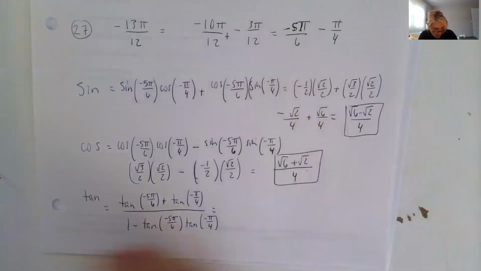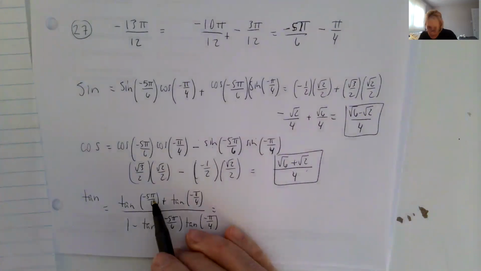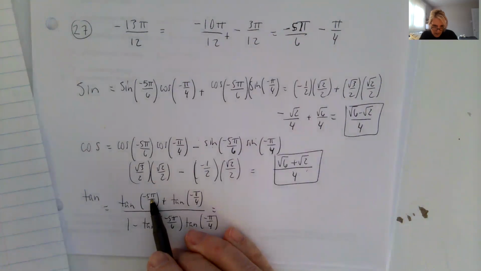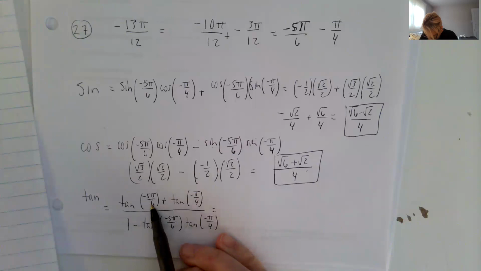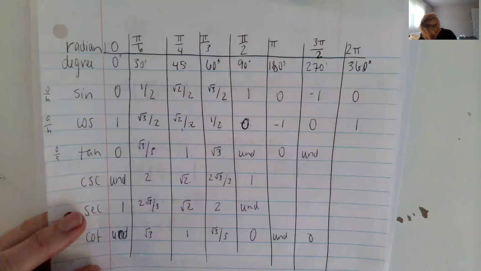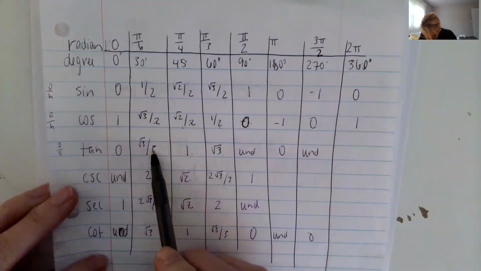Okay, so now we have to go to our table here, tangent of these values. So tangent at negative 5 pi over 6. They're both negative in the third quadrant. So their tangent is positive. Tangent is square root of 3 over 3 there.